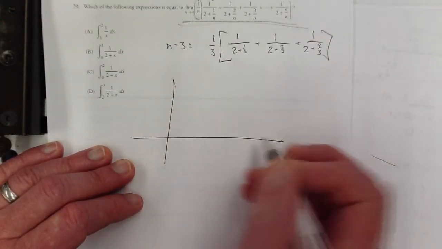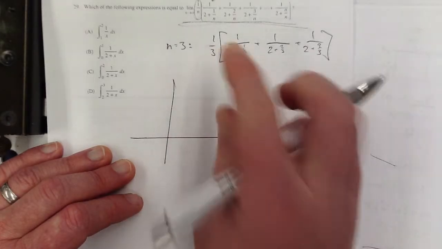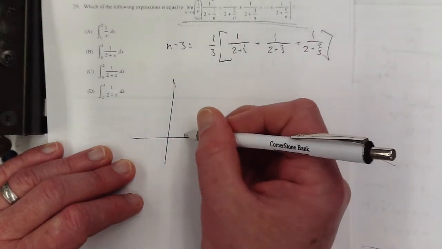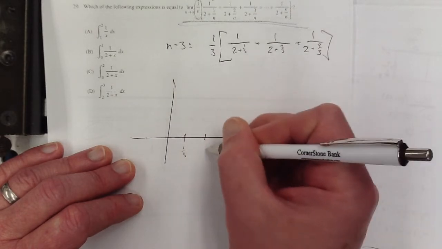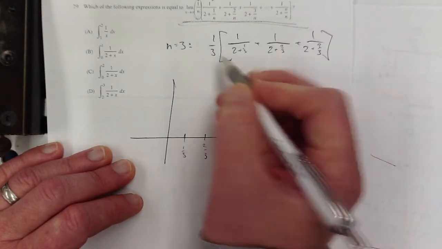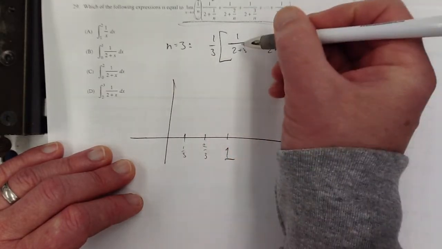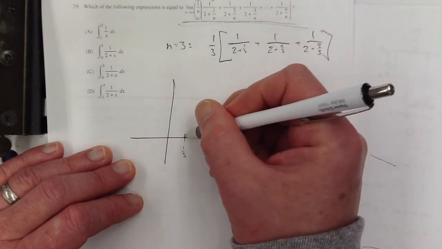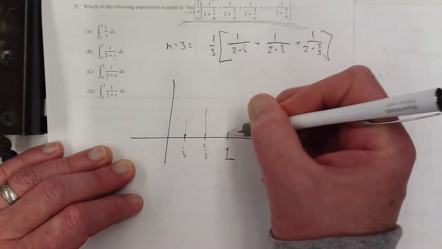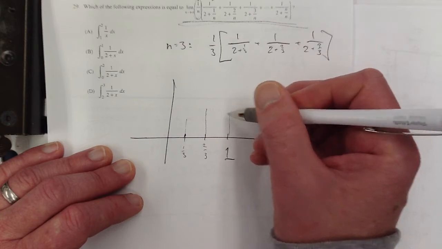I've got rectangles that are 1/3 wide, right? And then they're this high. So 1 over 2 plus 1/3. I guess they'd be getting smaller.